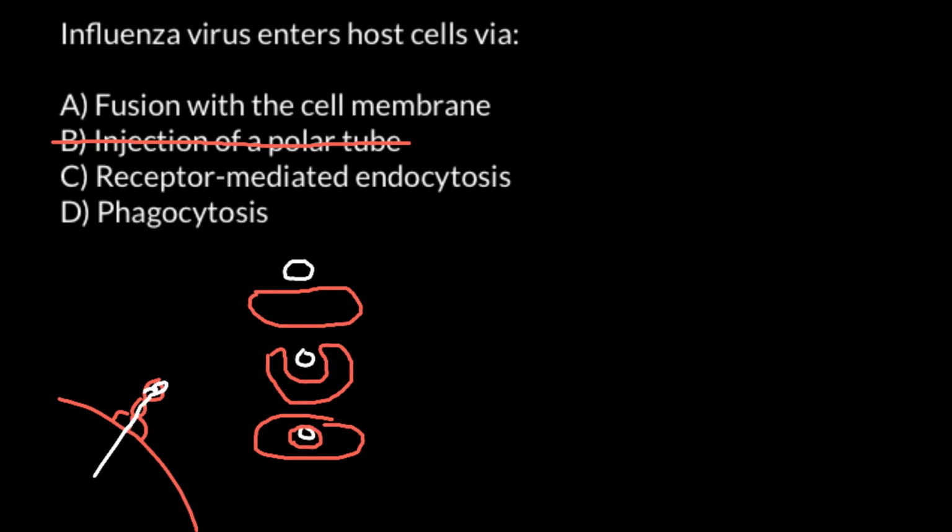And through the process that we call exocytosis, it would get rid of the material that it doesn't need for its own function. So it would release this bacteria and would use its proteins, its nucleic acids, amino acids, in order for its own functioning. So this is an example of phagocytosis.